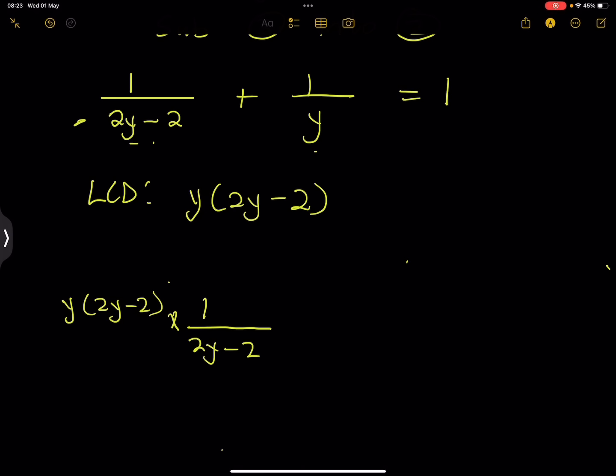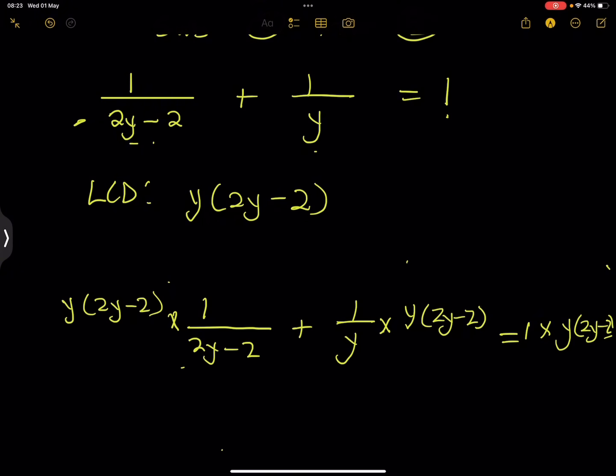Then plus 1 over y times our LCD, y into 2y minus 2, which is equal to 1 on the right hand side, multiplied by our LCD again, y into 2y minus 2.